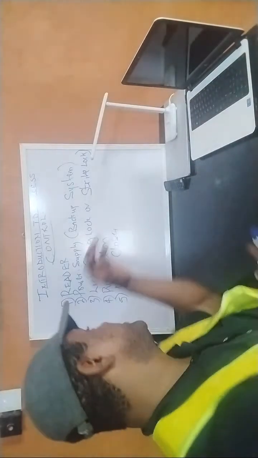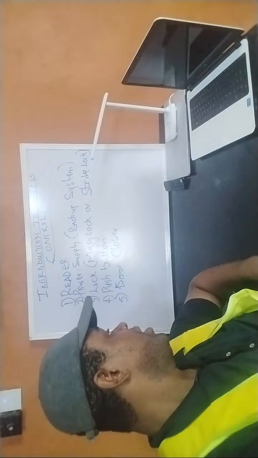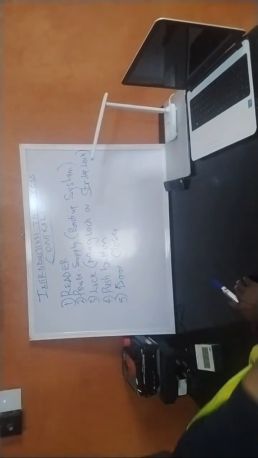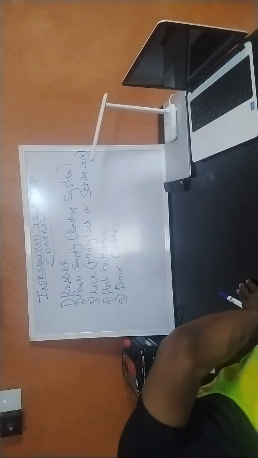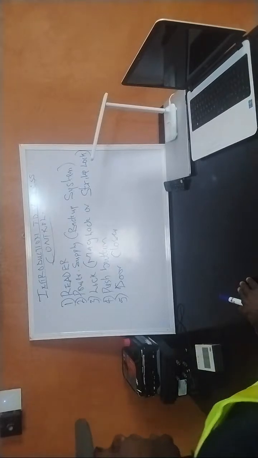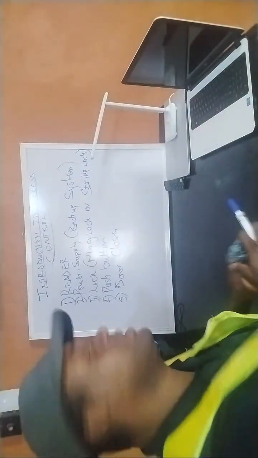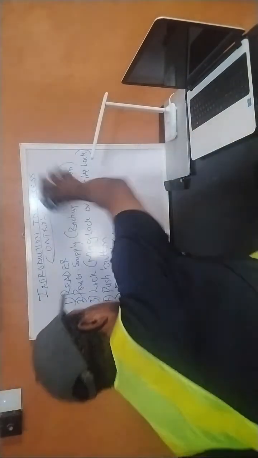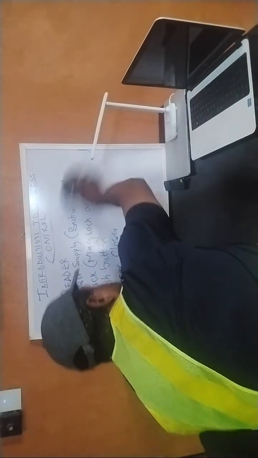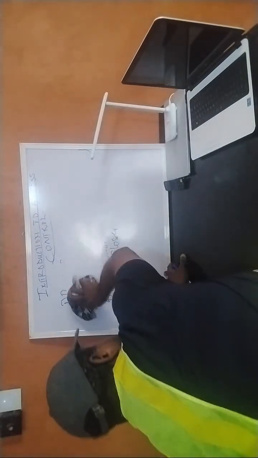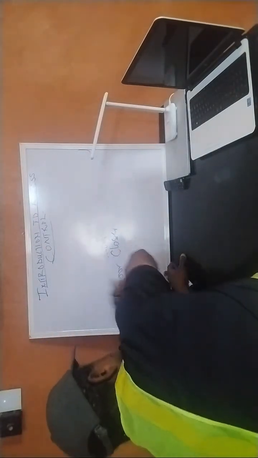Okay, that's for that. Then one thing I want us to get to now is how you can wire up your system, how this system can be wired. Let's go through it in full. The wiring of this system.